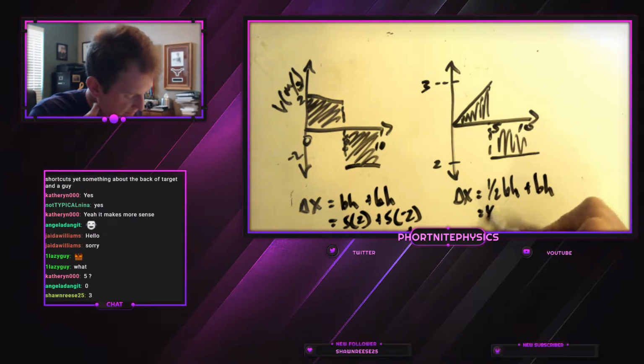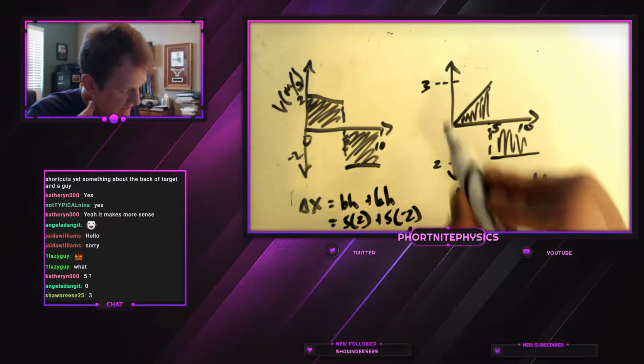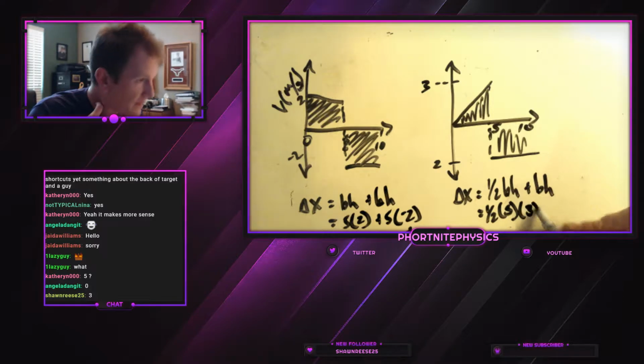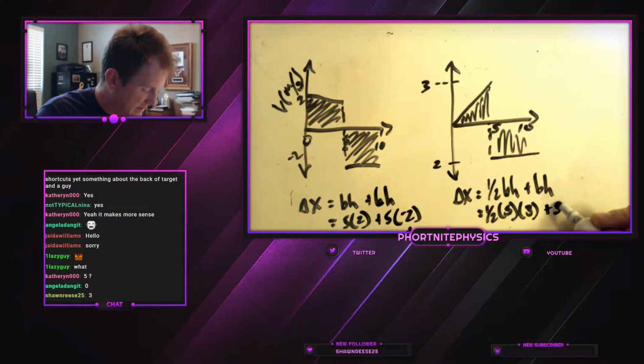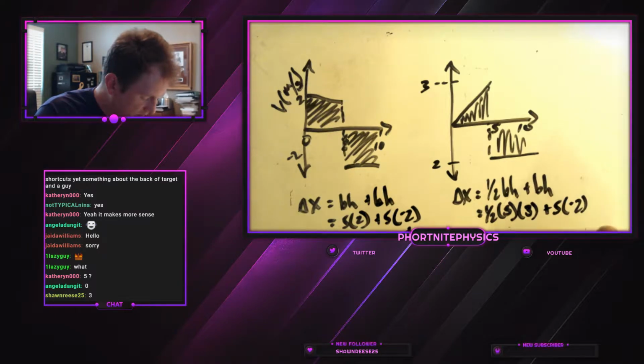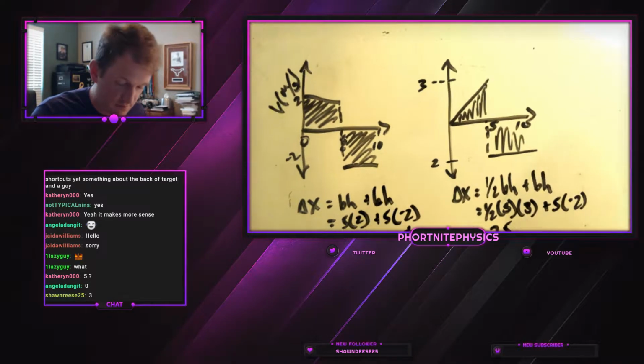So 1/2, our base is from 0 to 5, so again 5, and our height is 3. So 1/2 of 15, plus our base is again 5, but our height is -2. So 7.5, or 15 times 1/2, plus -10.